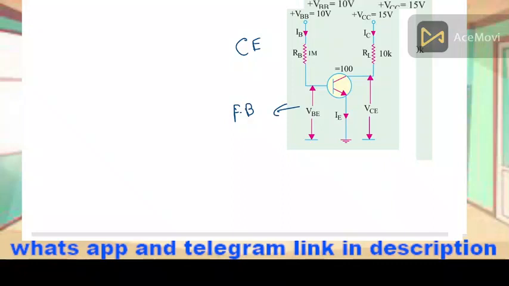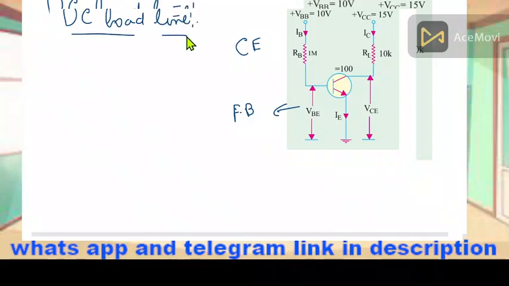The first thing that we will discuss is the DC load line. This DC load line is simply a mathematical analysis, and it is very simple, because you have studied coordinate geometry and you know the equation of a straight line.